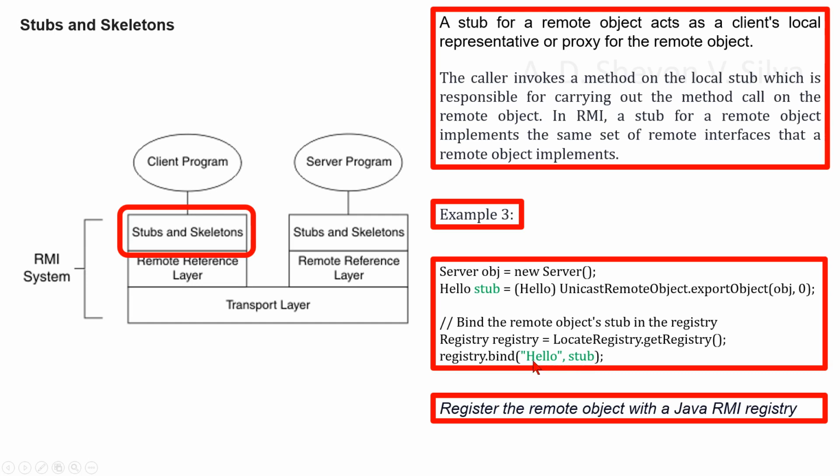A Java RMI registry is a simplified name service that allows clients to get a reference to a stub to a remote object.